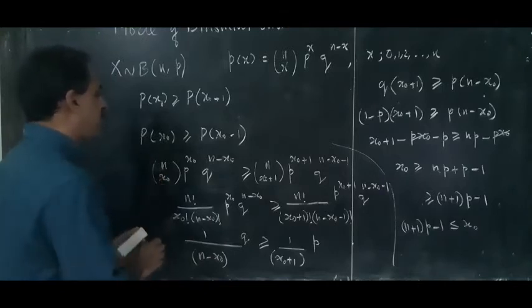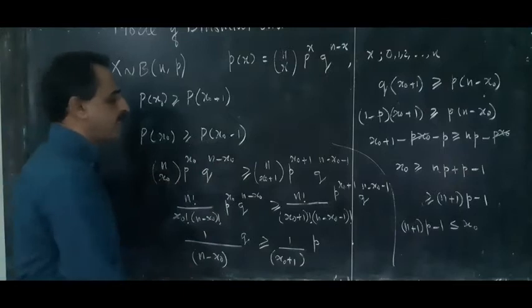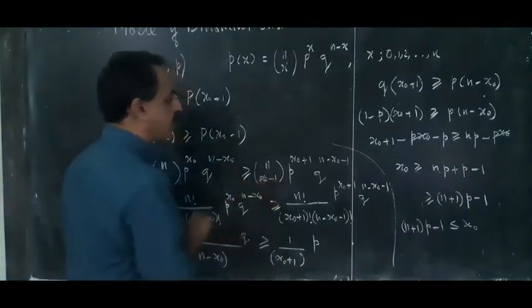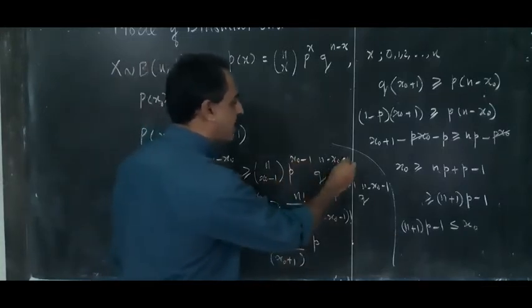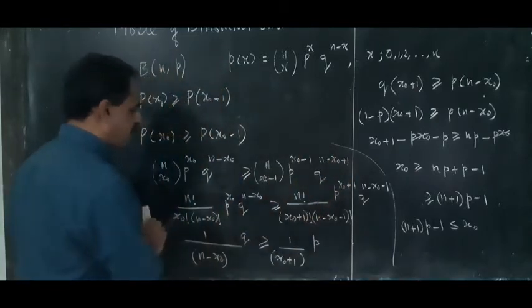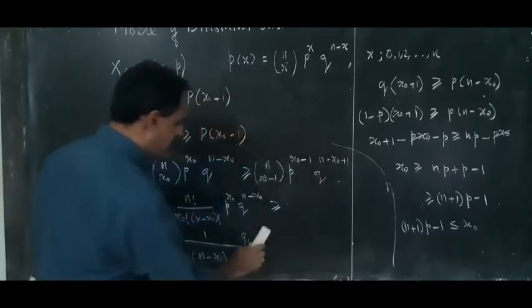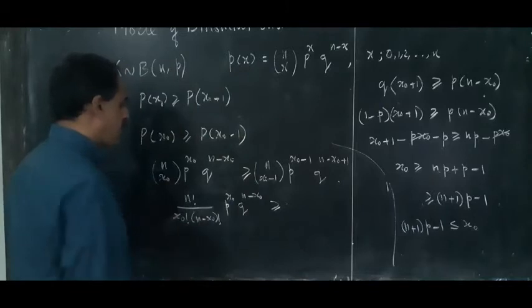So the left side will be exactly the same. The right side is the probability at x0 − 1. So this x0 + 1 can be taken as x0 − 1, and this is x0 − 1, and this will be x0 + 1 because of two negatives. So when we cancel, again rewriting the terms using factorials, this is the same as the previous simplification.